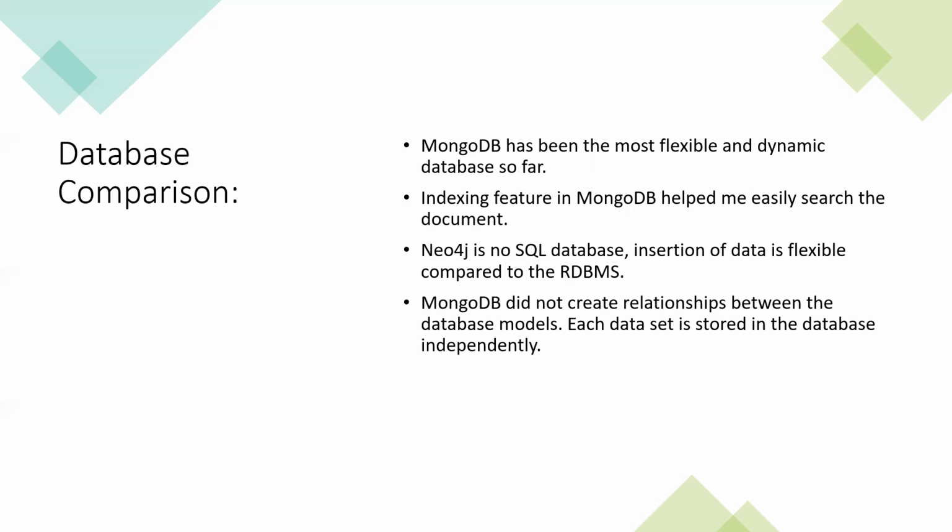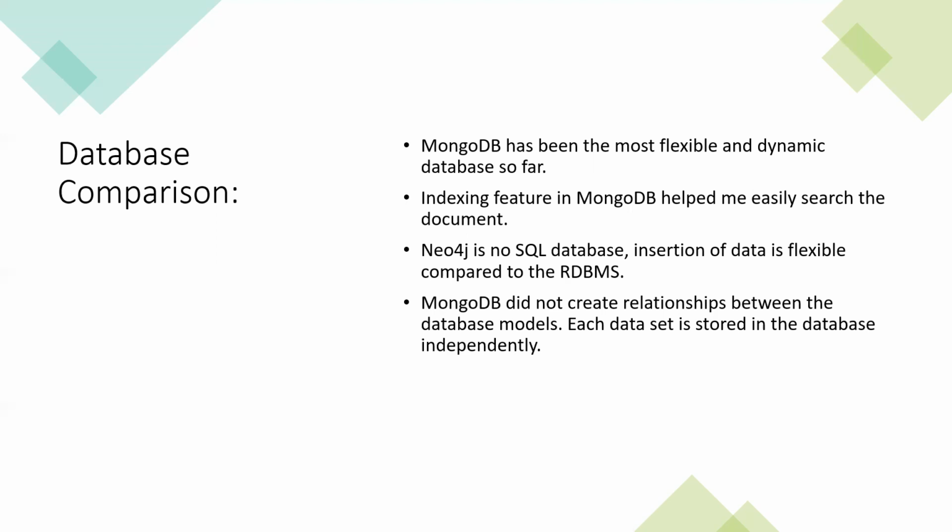These were the few points I felt while working extensively with all three databases. And one more thing I understood was that MongoDB stores and represents data in terms of JSON files, whereas a relational database stores data in terms of tables and rows.